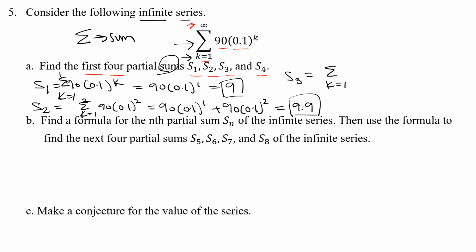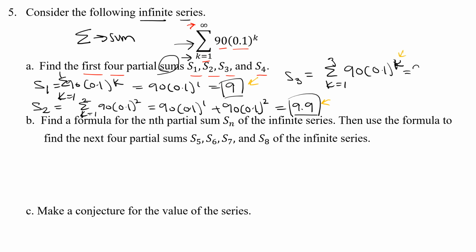pattern every time. So here k is now going up to 3. Okay, so basically what you're doing is you're going to take the first two, add those together, and then the third one is just going to be to the third power, okay?